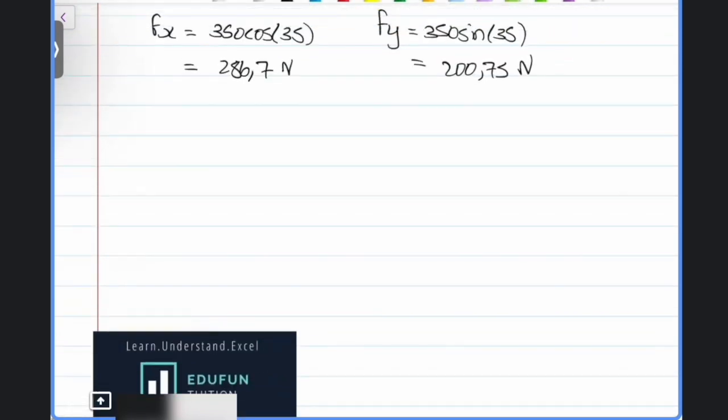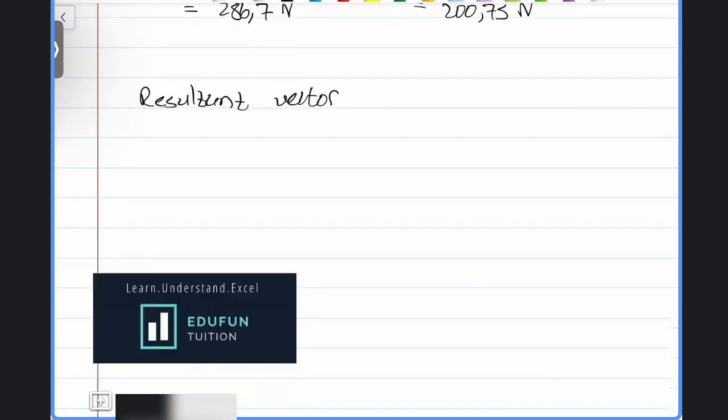Okay, so here, let's just go and write down what a resultant vector is. So a resultant vector, you want to think of it as like displacement in a way, right?